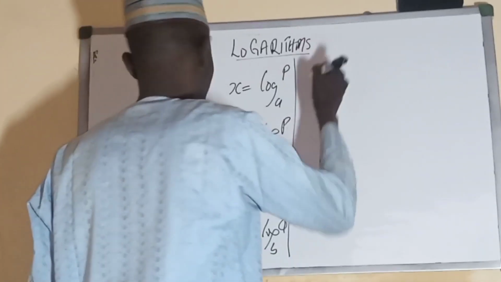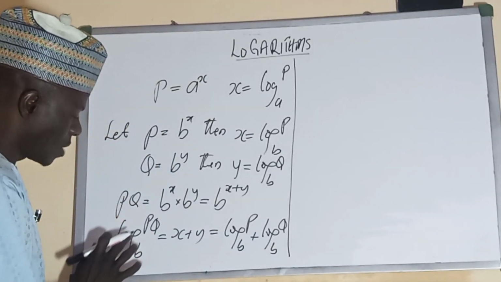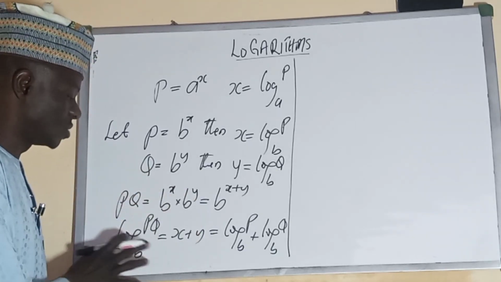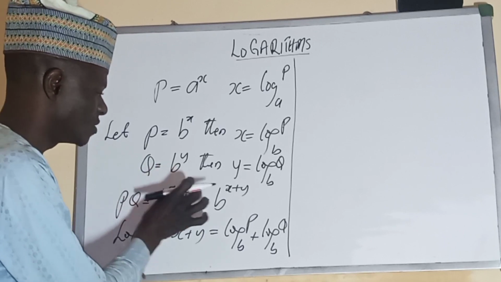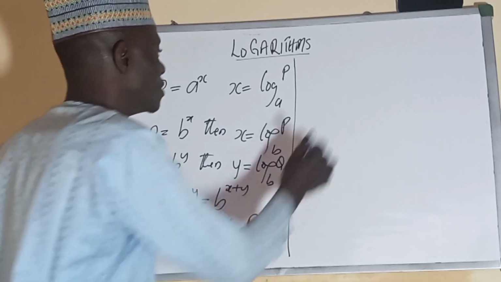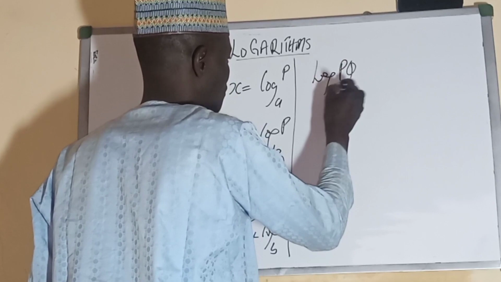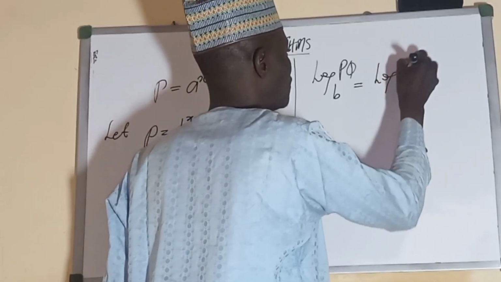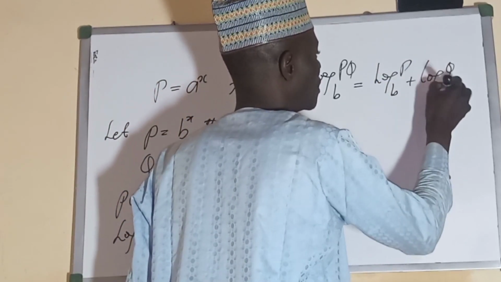So when you have multiplication between numbers p and q and you take the logarithm of them, log pq to base b is equal to log p to base b plus log q to base b.